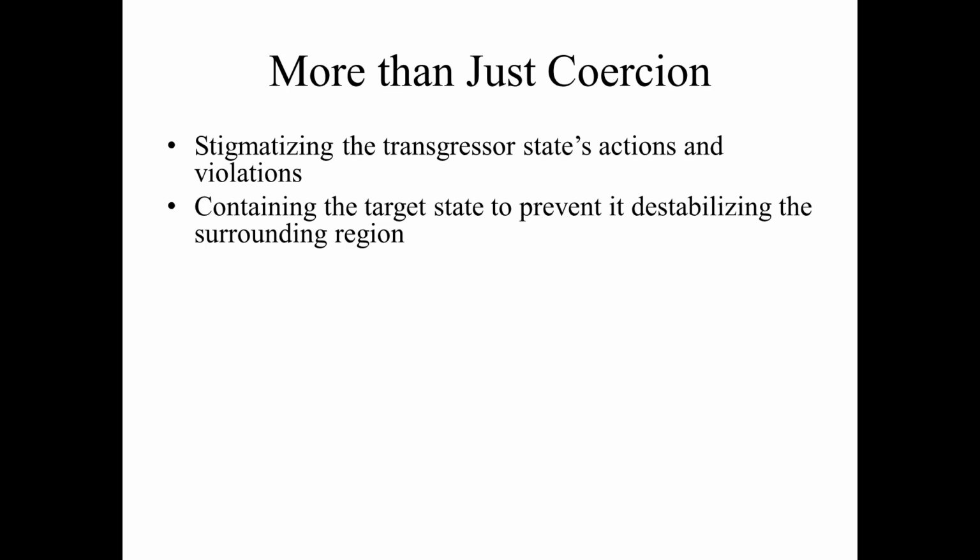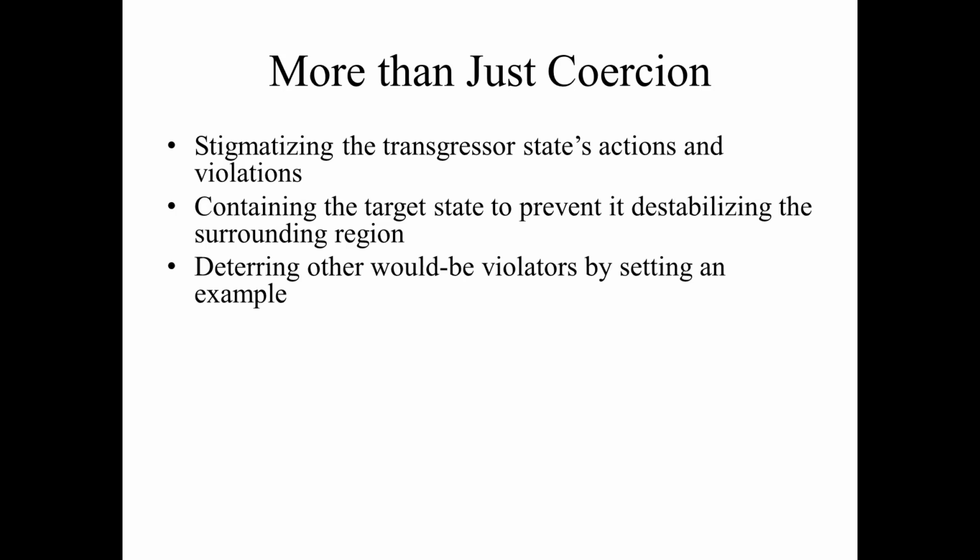So it's going to make it somewhat difficult for the target country to invest in arms buildup and military expansion, and if nothing else, it reduces the target country to just trying to survive, which means that the areas around it will not be as affected by the target country's transgressions, violations, and aggressive foreign policy as we might think.